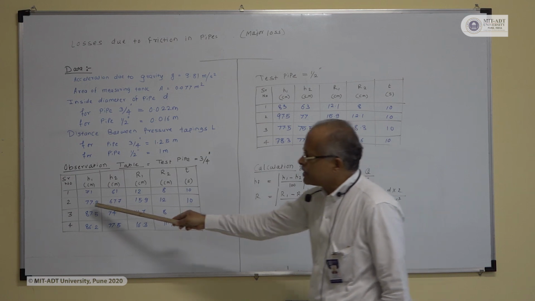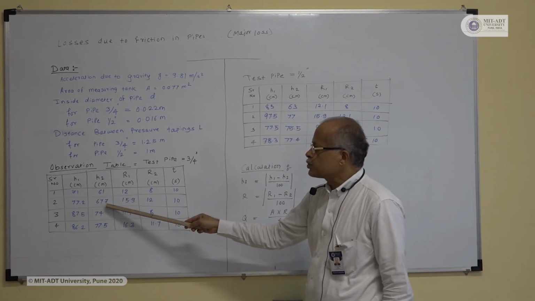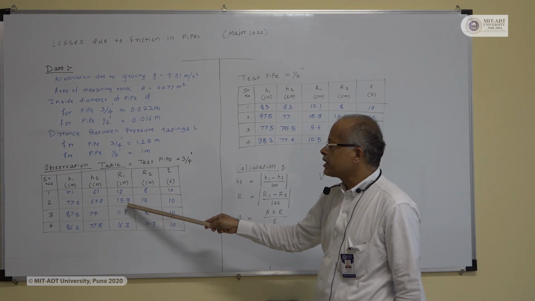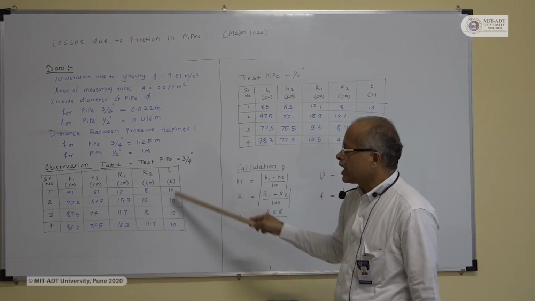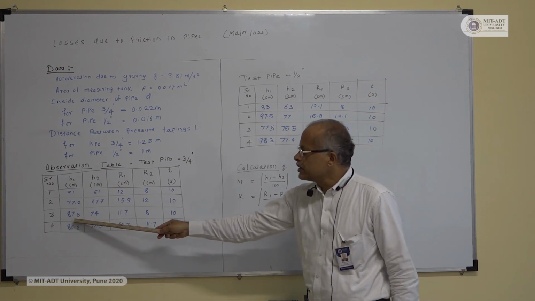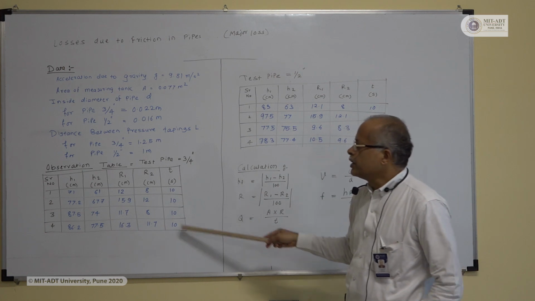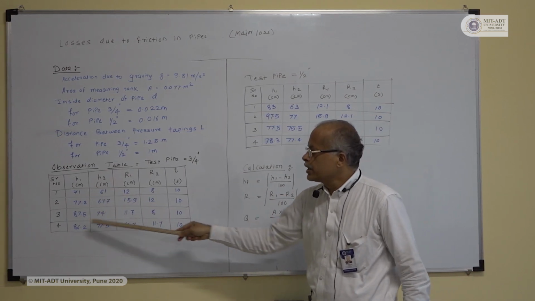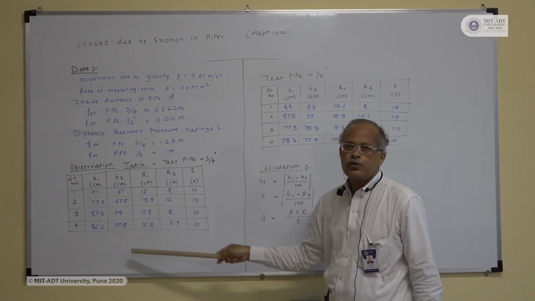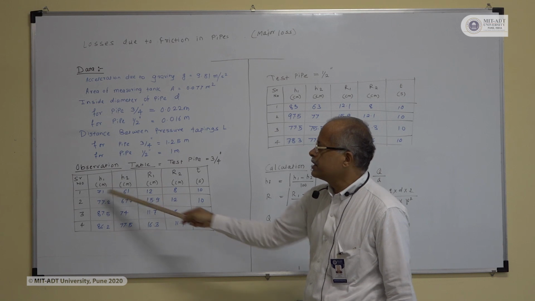The second set: H1 77.2 centimeters, H2 67.7 centimeters, R1 15.9 centimeters, R2 12 centimeters, and time 10 seconds. Likewise, this is the third set and the fourth set. You can see the difference between H1 and H2 values. H1 minus H2 is always positive, that is, delta H is negative.